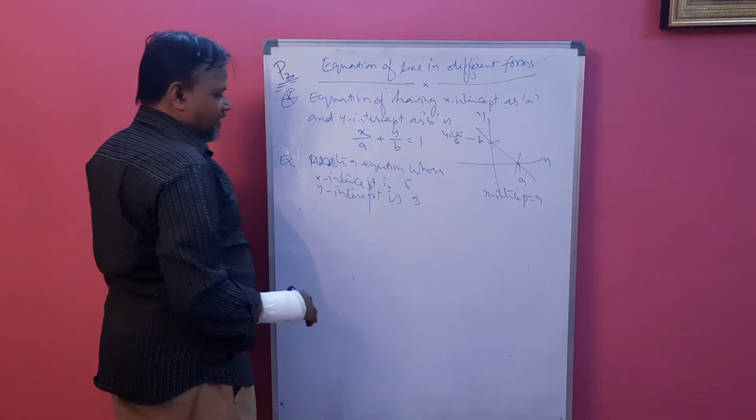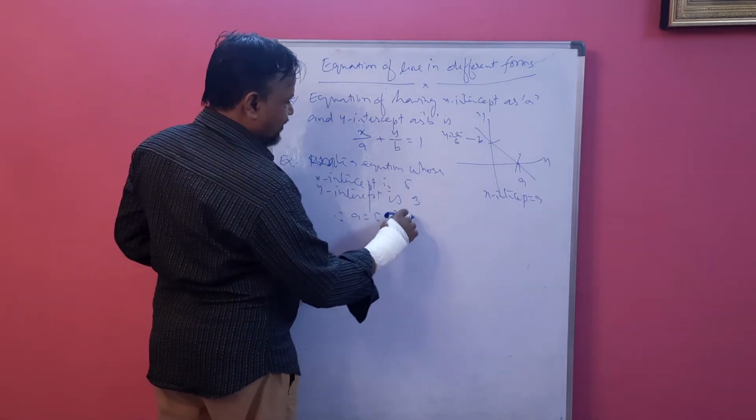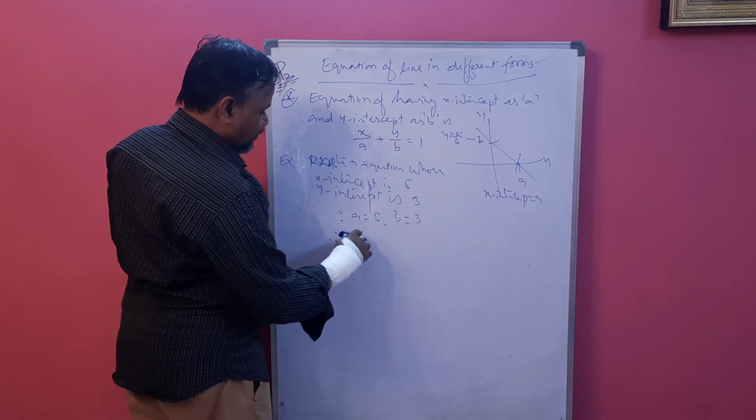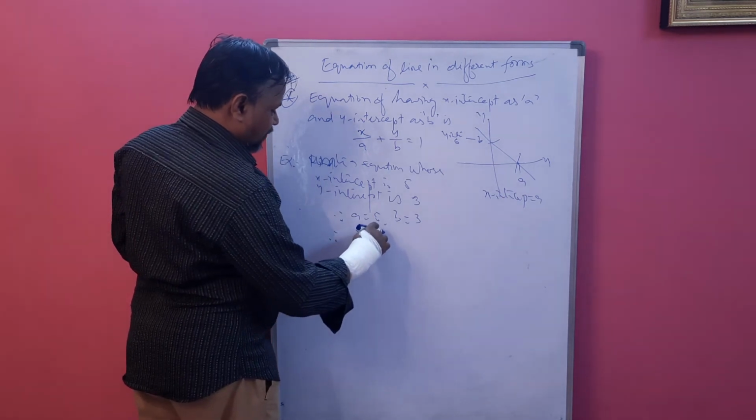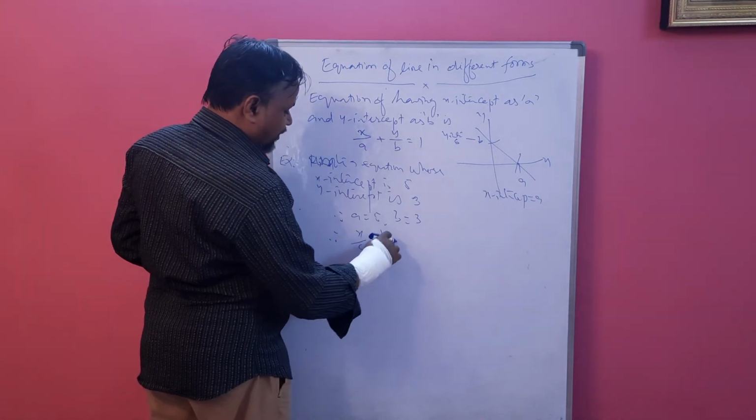Okay, 5 and 3. So a is 5, b is 3. Now simply you have to substitute here: x by a plus y by b equal to 1.